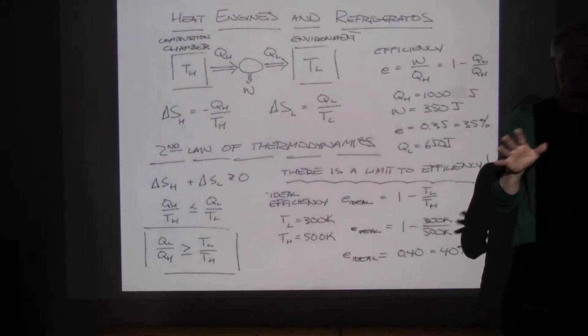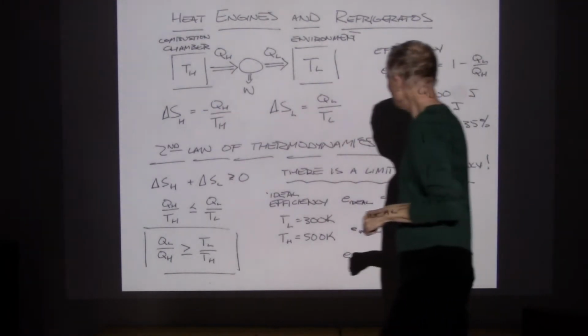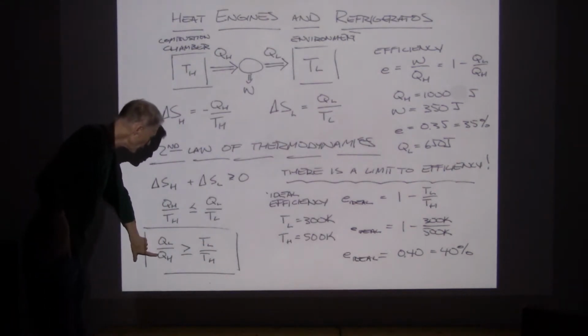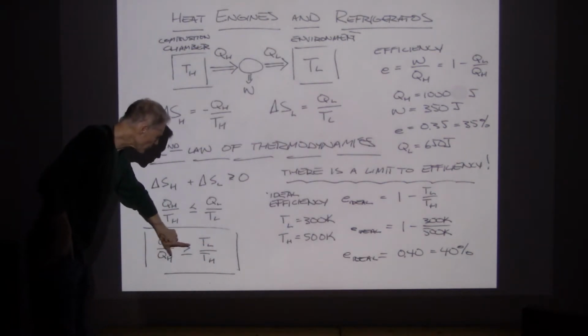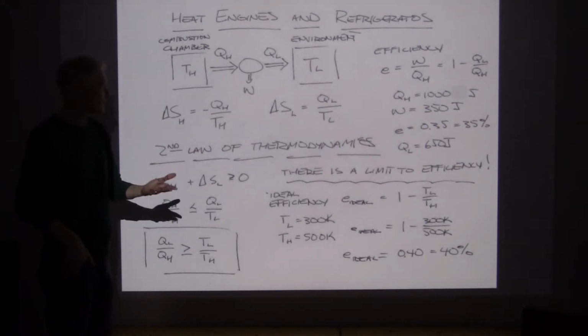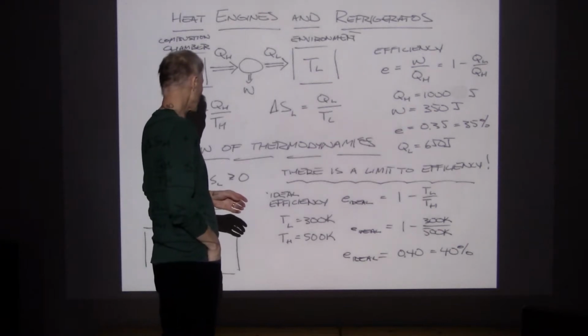So it's saying the best we could ever do under ideal circumstances is QL over QH equals TL over TH. So that's ideal. Let's see what that would do to our formulas.